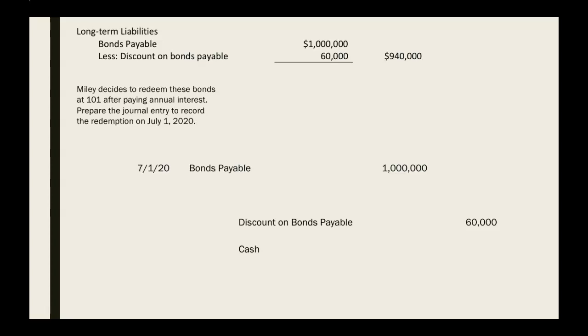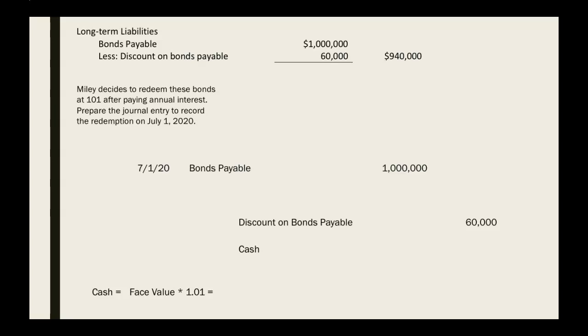Now for cash, there's going to need to be a calculation. So for cash, what we're going to do here is we're going to take the face value of our bond and multiply it by 1.01. And that's because Miley is redeeming these bonds at 101.